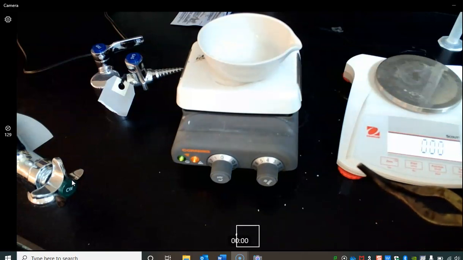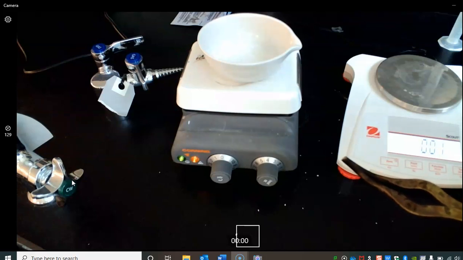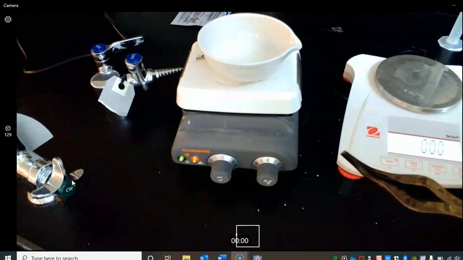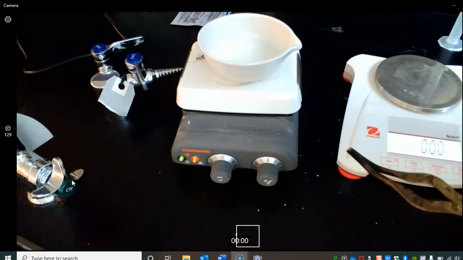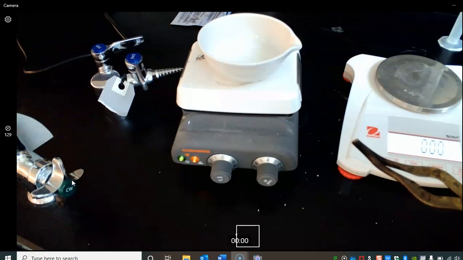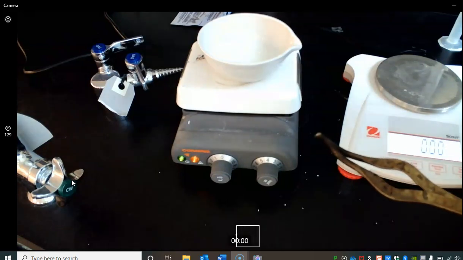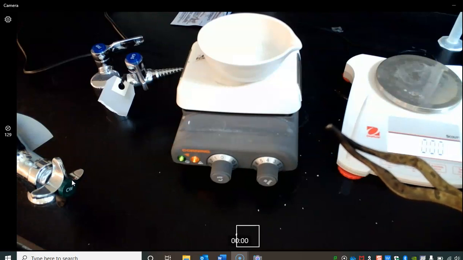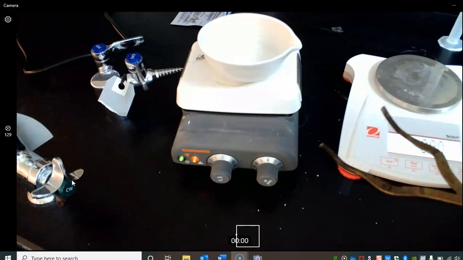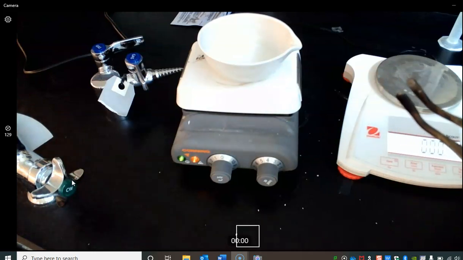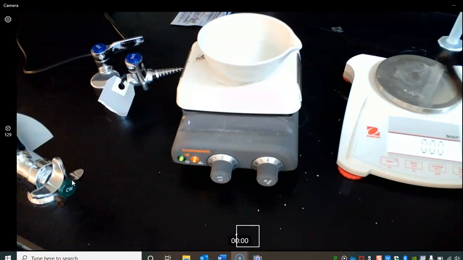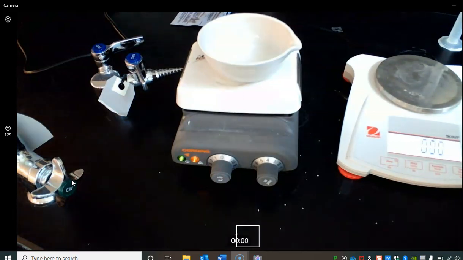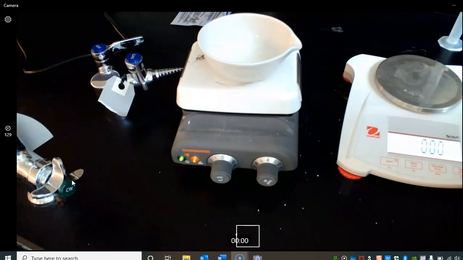And it's about to get a lot louder. Clearly I overestimated a little how long this would take, so apologies for that. You're just going to watch some water boil for about 30 more seconds, and then we'll take this off.